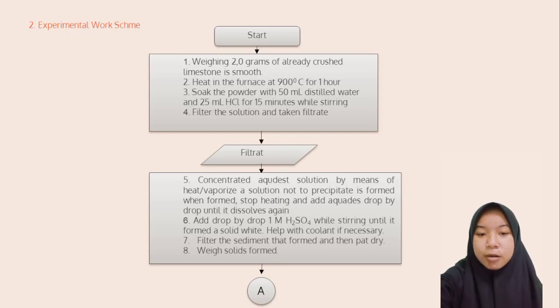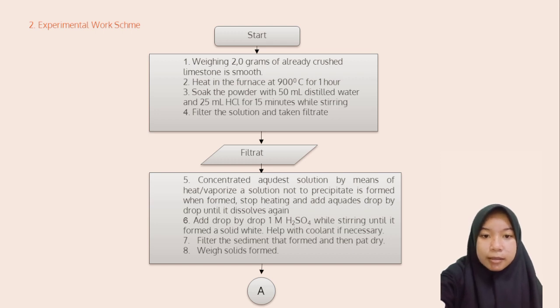2. Experimental work scheme. Start. 1. Weigh 2.0 grams of finely crushed limestone. 2. Heat in the furnace at 900 degrees Celsius for 1 hour. 3. Soak the powder with 50 ml distilled water and 25 ml HCl for 50 minutes while stirring. 4.